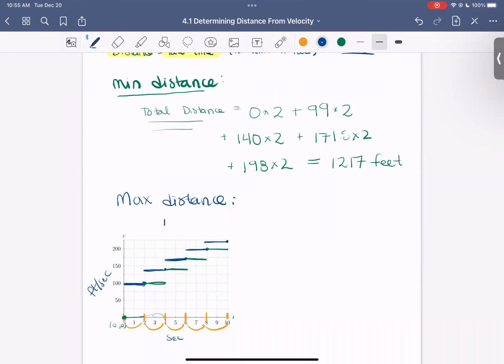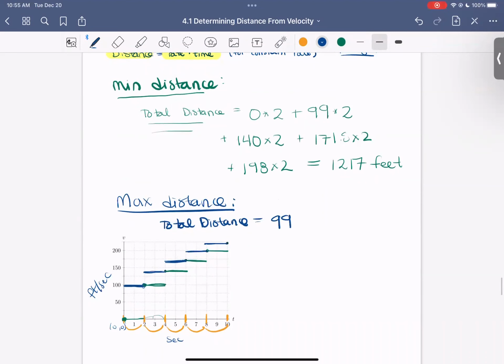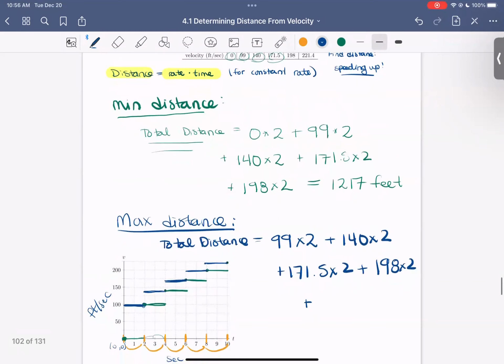So for that total distance, we just use the same technique. What we're going to do is multiply that velocity on the interval by the seconds of that interval. So the first one being 99 times 2. And then we'll just continue 140 times 2. Then we have 171.5 times 2 plus 198 times 2 plus our final velocity 221.4 times 2.